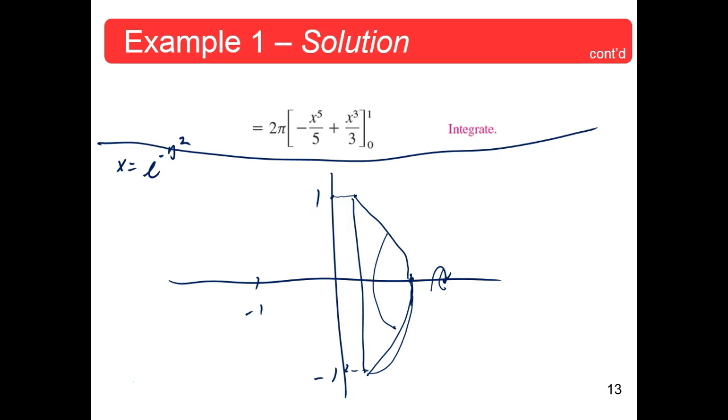Now, anyone want to go for the x's here? Not me. So let's try your dy's here. So that's going to be a shell, a shell going around there. Let's see what we got.